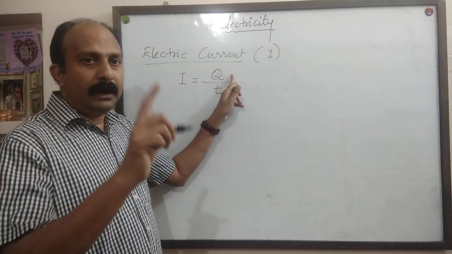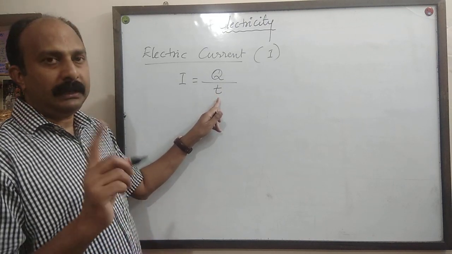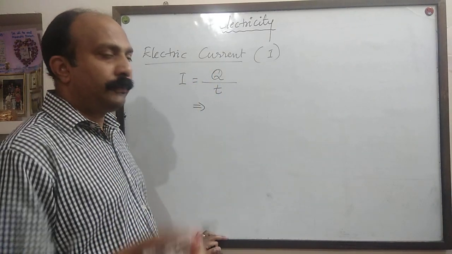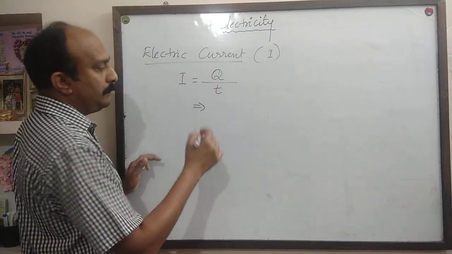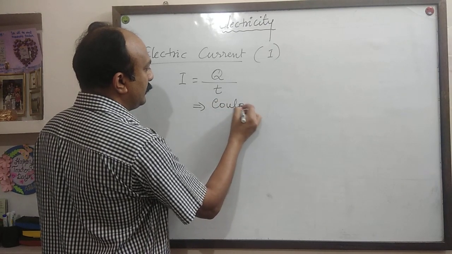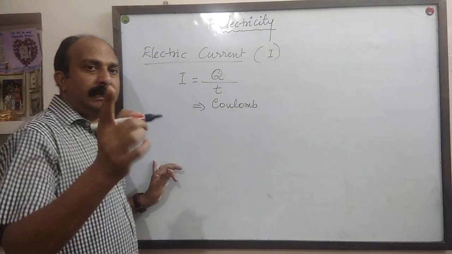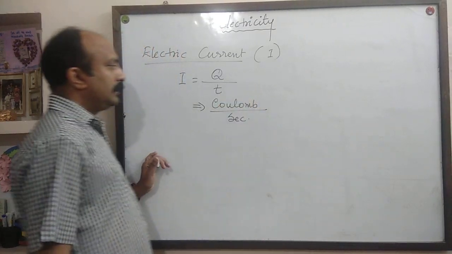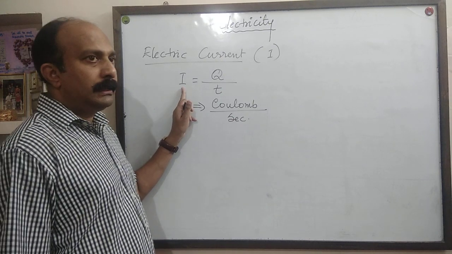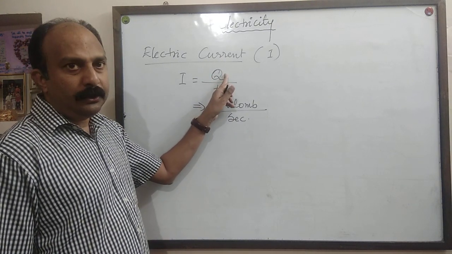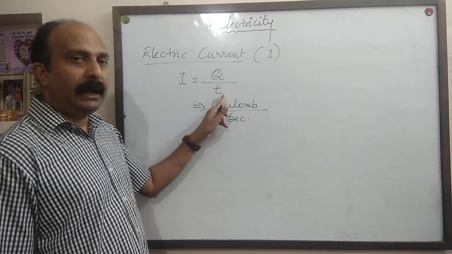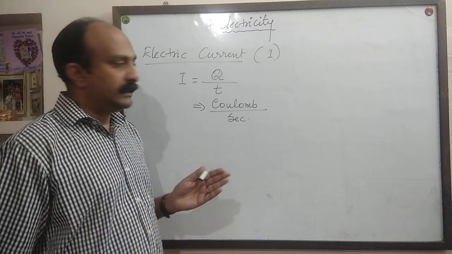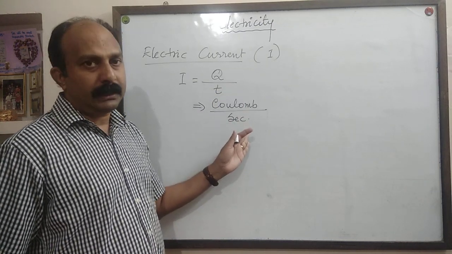We know that the SI unit of quantity of electric charge is coulomb, and the SI unit of time is second. So electric current I is quantity of electric charge transferred upon time taken. Now coming to its SI unit, it is coulomb upon second.